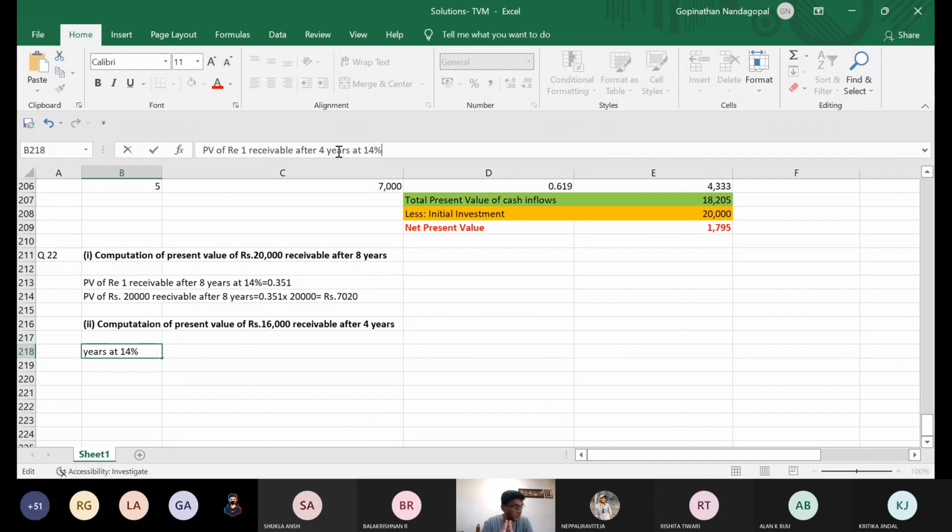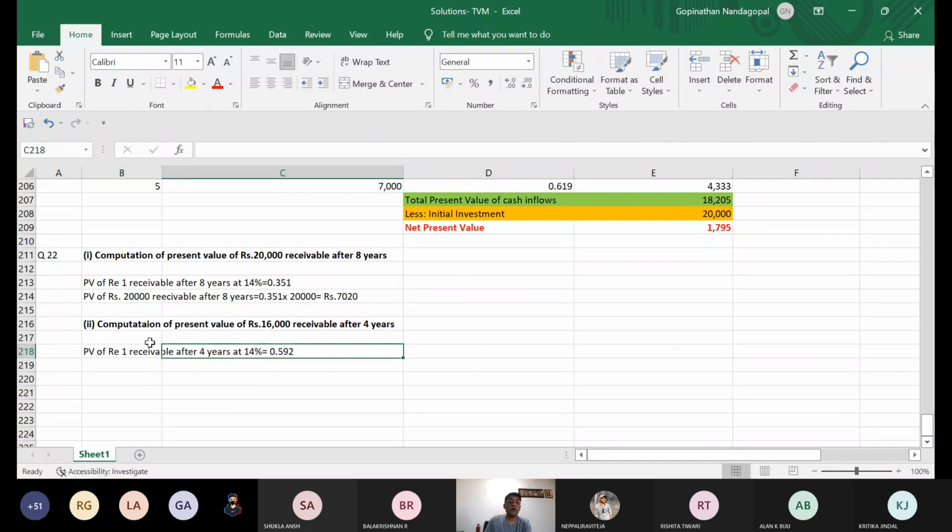Okay, because they said that instead of 20,000, 16,000 after 4 years. So the value for that, I've just found out from the present value table, which comes to 0.592.